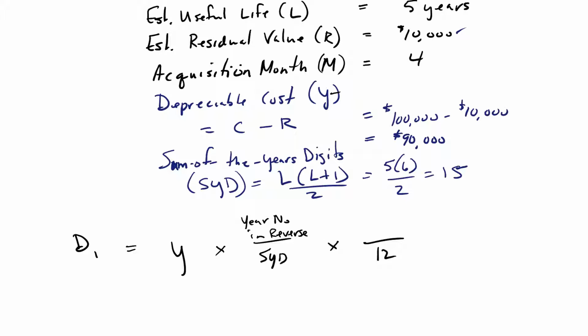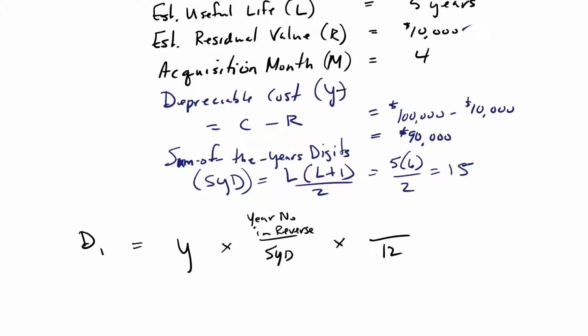And as we would note here, if we acquired the asset in April, we want to begin depreciation at the beginning of April and take depreciation for all that month and then through December. That's 9 months. And so effectively that would be 12 months minus 4 months plus 1.